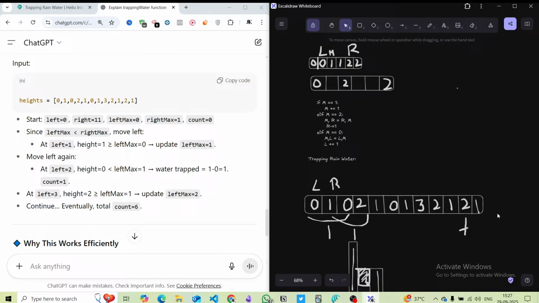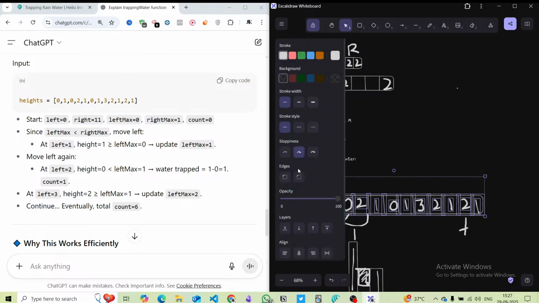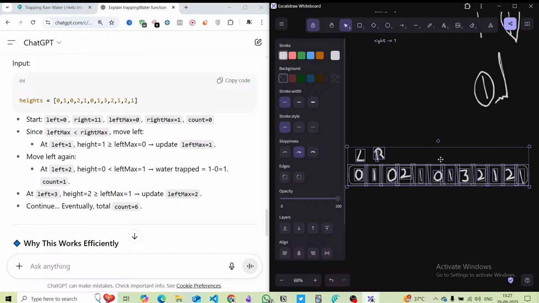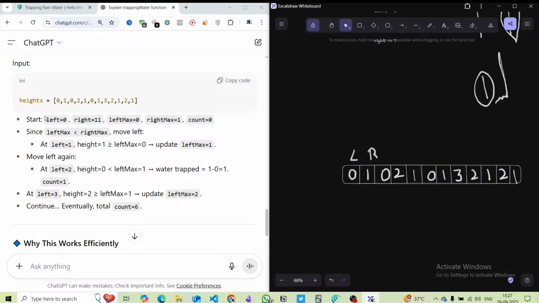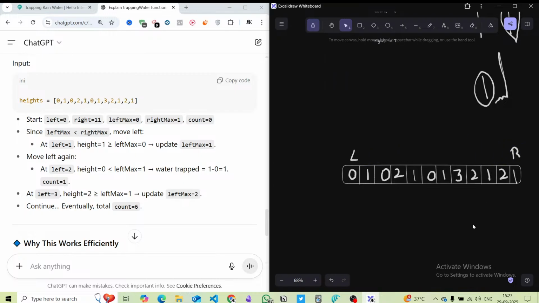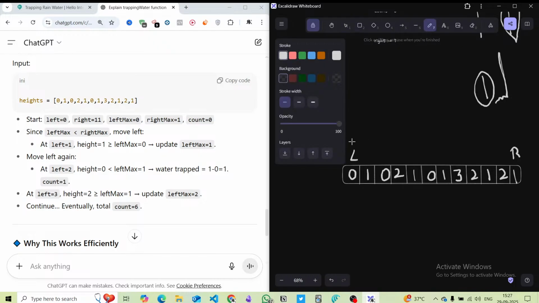Just copy this one. Okay. So left is there and then right is there. Let's have another L. This will be left and then this will be left max, right max, right.